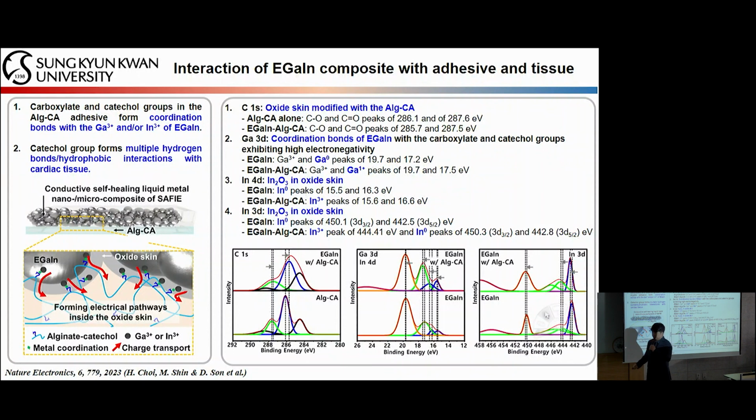So we have already validated some experimental data for proving those things, but those data were not prepared and shown in this slide. So if you want to know, you can find the paper.